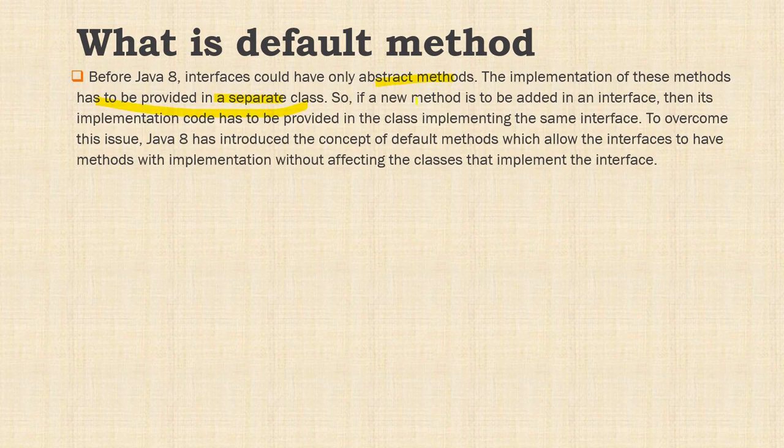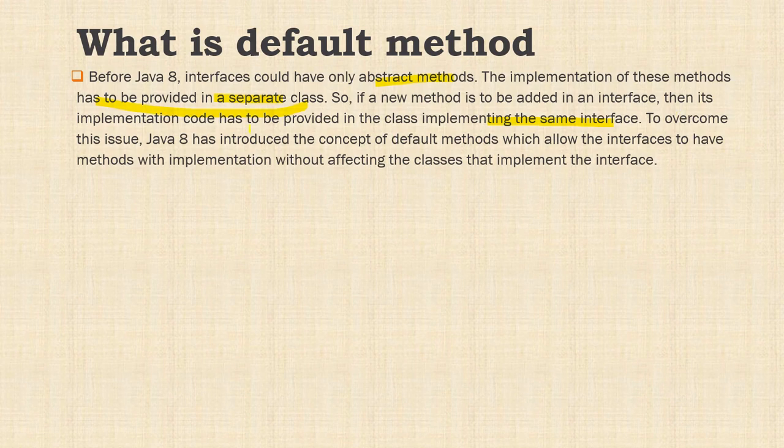So if a new method is added in the interface, then its implementation code has to be provided in the class implementing the same interface. If you are adding any abstract method inside the interface, then you have to implement it in your implementing class.